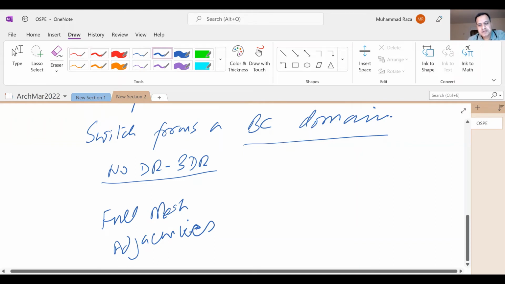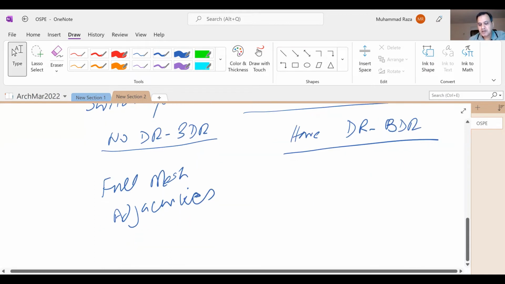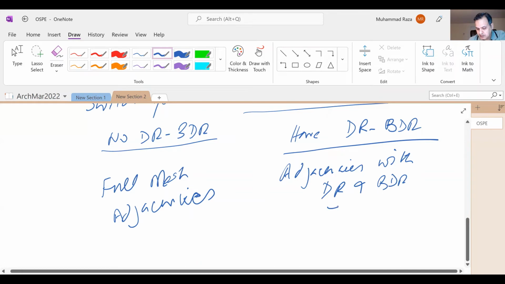But if I have DR, BDR on a broadcast domain, each router would have adjacencies with the DR and BDR, plus an adjacency between the DR and BDR.